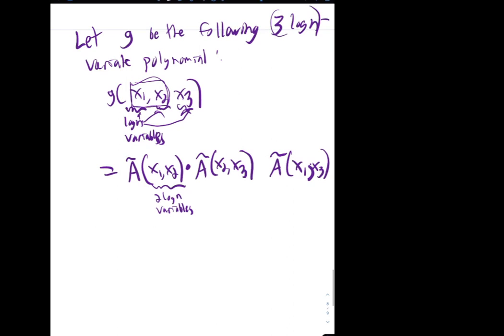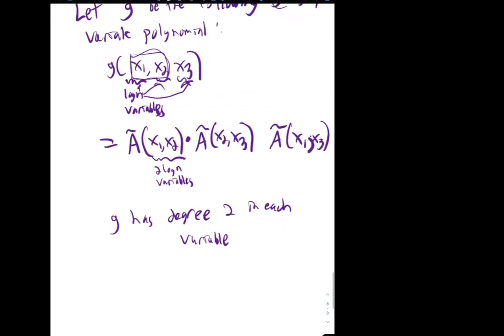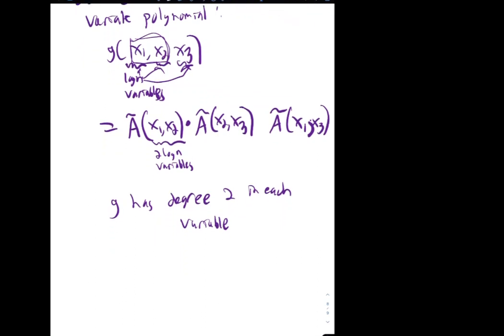Okay, so that's G. And something to note is that G has degree at most 2 in each variable. Now I wouldn't really care if it had degree 3 in each variable because it hardly affects the cost of the sum check protocol. The proofs get a little bigger, the soundness error goes up a little bit. But even though we have 3 copies of a twiddle, each individual variable only gets fed into 2 of those copies.